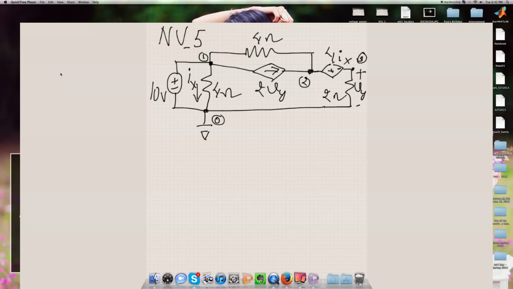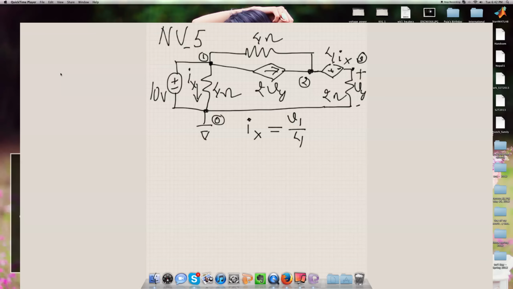So what is the end plan? The game plan here is to come up with a matrix that describes this circuit using a node voltage method. So if we look at node number 1, we realize quickly that I sub x is, from Ohm's law, V1 over 4.